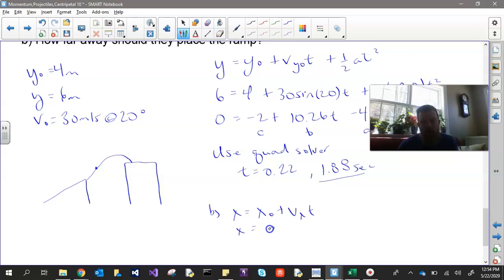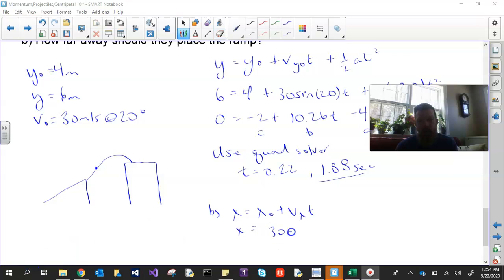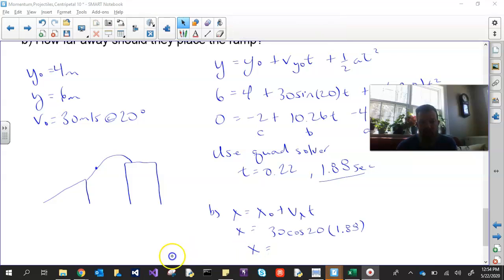So that would be 30 cos of 20 times the 1.88, and that gives me a number of 53.00 when I round it off, 52.9986 or something like that. So 53 meters away would be the very farthest away you want the building in order to land on the top of it. So hope that makes sense.